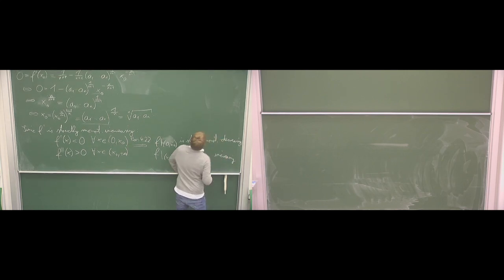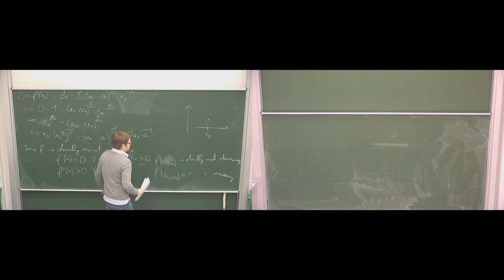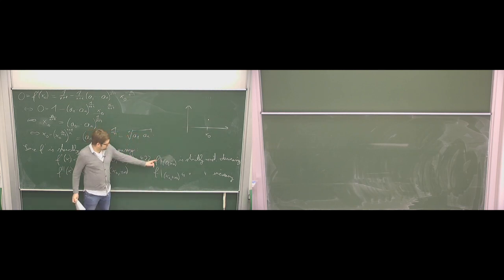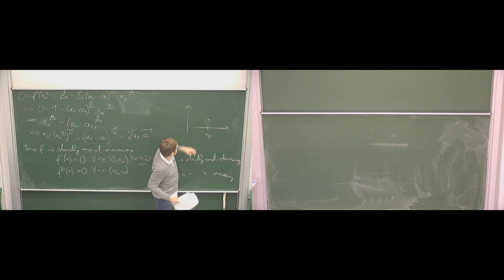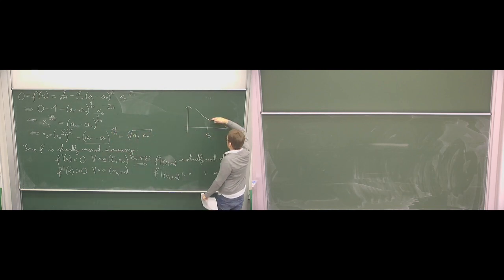And this helps us. Now if we imagine a very simple graph drawing here, so assume we have here our value of x0, and we have f at some point, and remember we have to show that the function is non-negative. We will do so by showing that f of x0 is non-negative. And if we have these two properties, we know that f is strictly monotonically decreasing on this side. This means that it has to come from upstairs, so it has to be something like this or whatever, but we can never be below. And the same from here, we can only go upwards, because f is strictly monotonically increasing here.